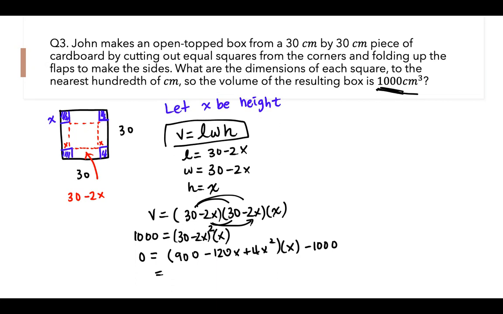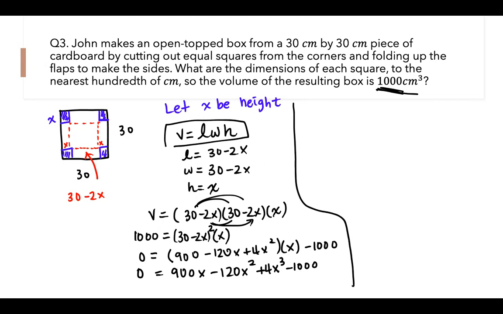And then I'm going to do the distributive property. So it's going to be 900x minus 120x squared plus 4x cubed minus 1,000. And I'm going to order them from small to big here.